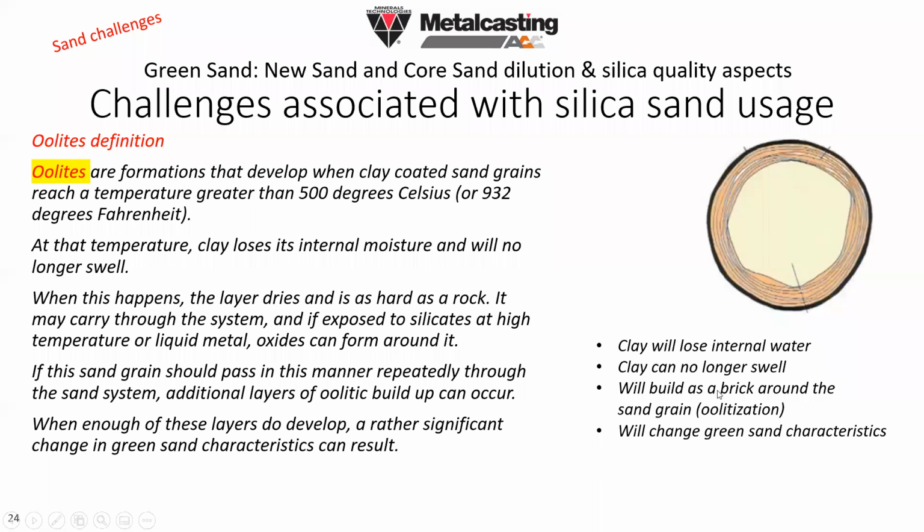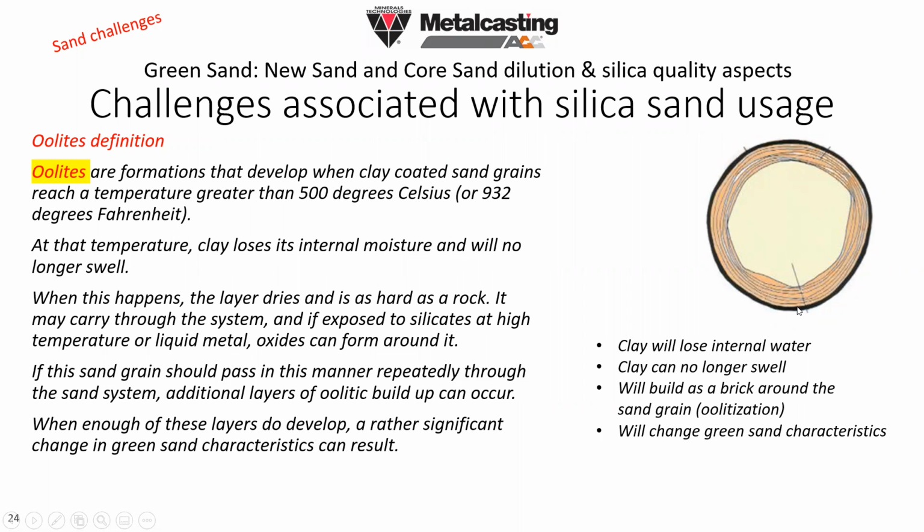And then it will build as a brick around the silica grain, and that is a layer. We will create different layers of oolitization, and that will change the green sand characteristic, because this part around the grain is very porous and also lighter than the silica grain.